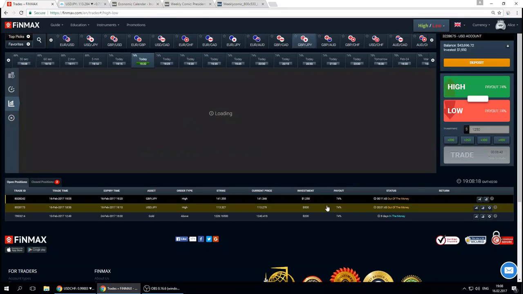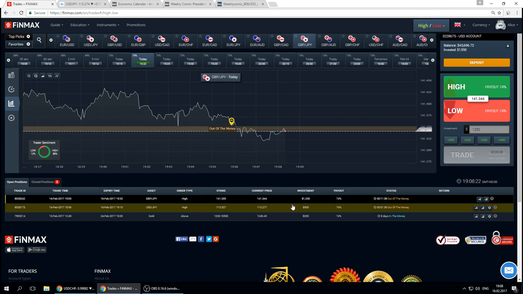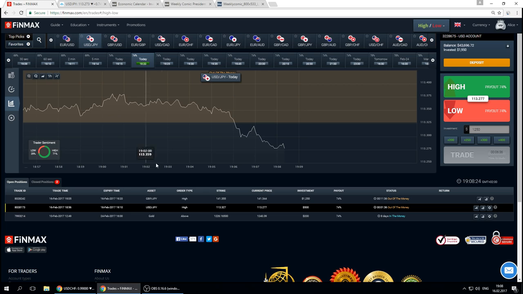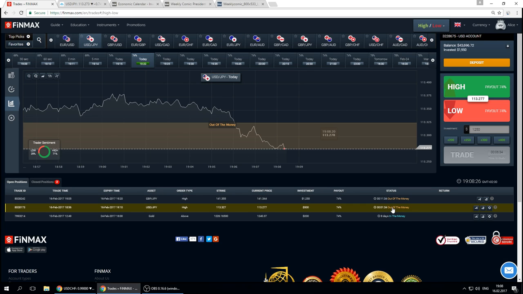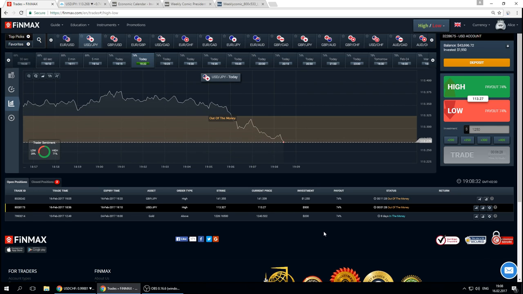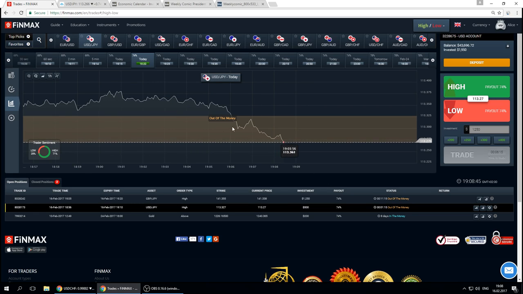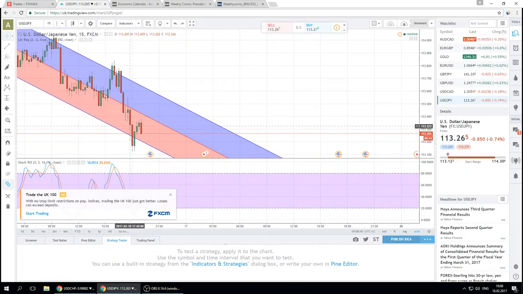Oh yeah. So probably we will open the second trade for the bigger amount, for the same expiry time, for the same direction.